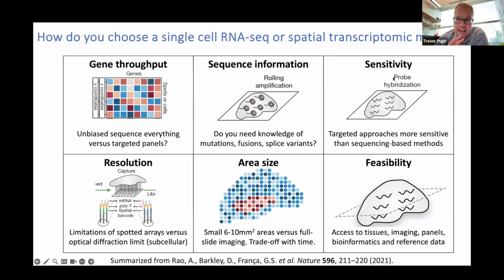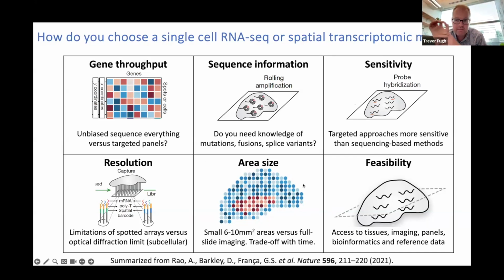Sensitivity, do you need to get every single transcript in every single cell? Or if you just want to know the cell identity, maybe you only need to look at the top 5 or 10%. These are multiple different technologies that balance sensitivity versus breadth. Do you need spatial information? How big is your tissue?